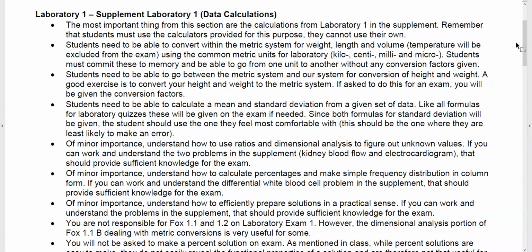So let's kind of look at laboratory 1 first. The most important thing from this lab are the calculations in the supplement. The guide says students must use their own calculators for this purpose. However, since we're not in class, obviously, hopefully you have access to a calculator that you can use.